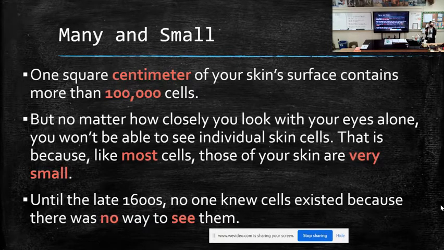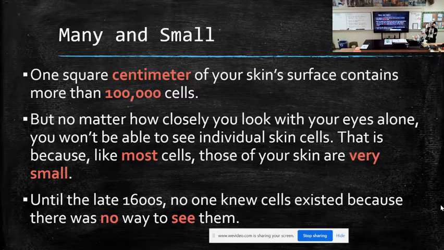So if you put that all together and measured how many centimeters your skin alone covers, that's a lot of cells. And then think about your organs and your blood and the neurons in your brain and everything else that you're made up of. Those are all made of cells as well.